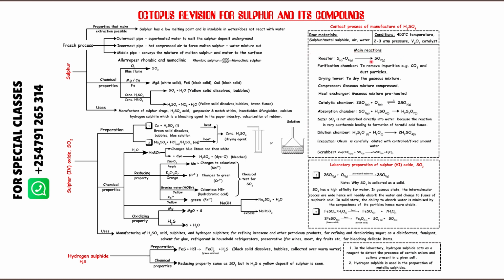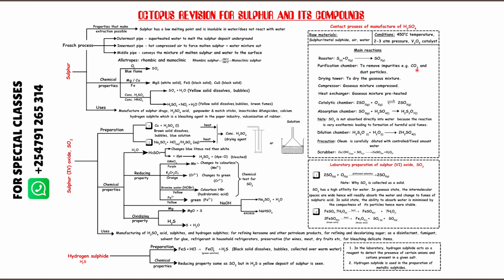The main reactions in the manufacture of sulfuric acid, we first of all have the reaction in the roaster, where we obtain sulfur oxide. So we burn sulfur in air to get sulfur oxide. We can also burn metal sulfide, like zinc sulfide, in air to form zinc oxide plus sulfur oxide.